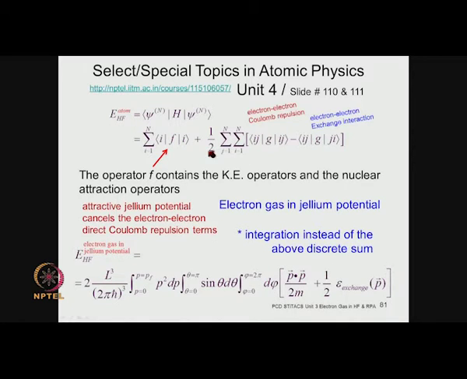So, now you have this integration over the momentum space. You have got in this the kinetic energy term, which is here, which is P dot P over 2m, right. You do not have this term anymore, because this is the one which has cancelled the Gellium potential, but you do have the exchange term, which is here. Okay.